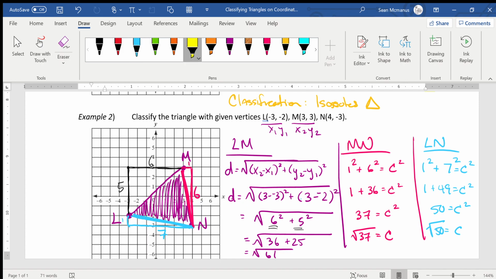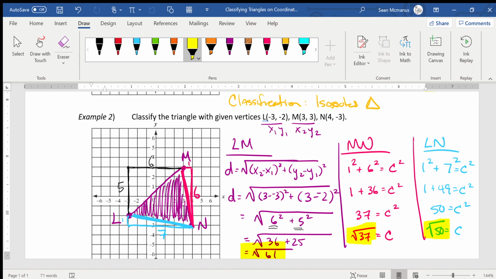So now I'm going to examine the length of my three sides, right? I have square root of 61, which I could get a decimal for if I wanted to, but I'm just going to think of it this way for now. Square root of 37 and square root of 50. Those are my three side lengths. None of those three are the same. Those are all different.